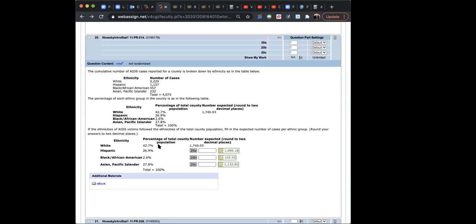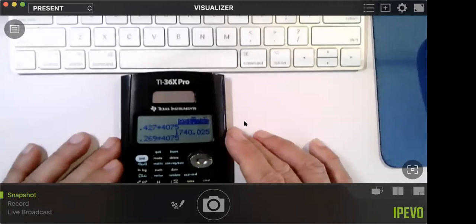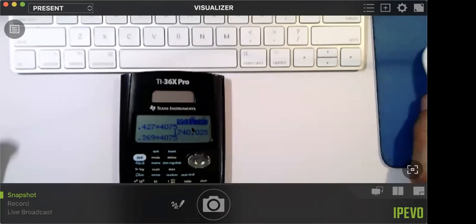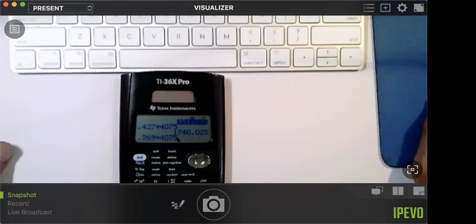Let me just show you what we get here. You may be doing this on your own calculators. Let me go to the calculator again here. Okay, so here's the calculator. Can you all see this? All right. So if we multiply 42.7% times the total, we'll get 1,740.